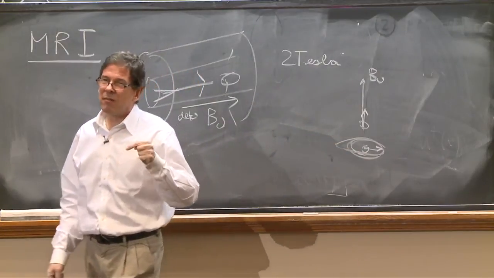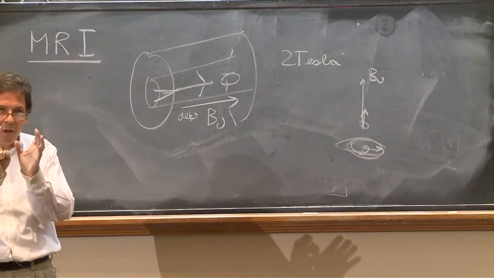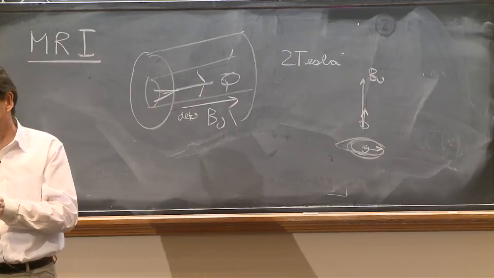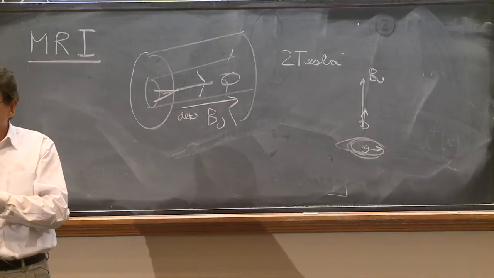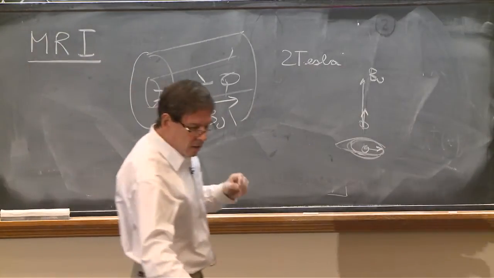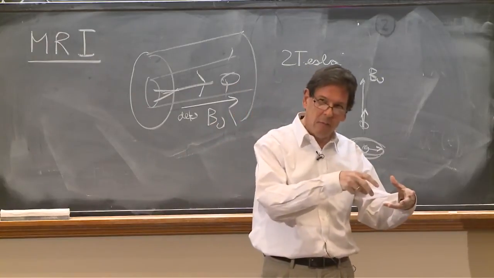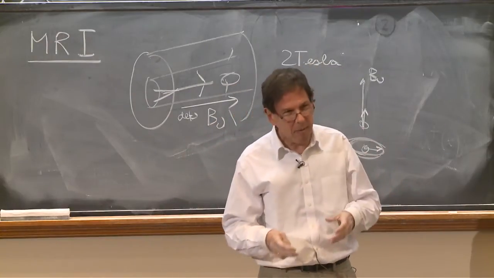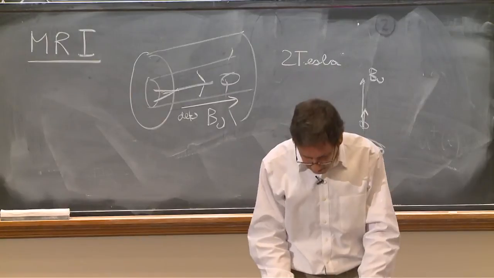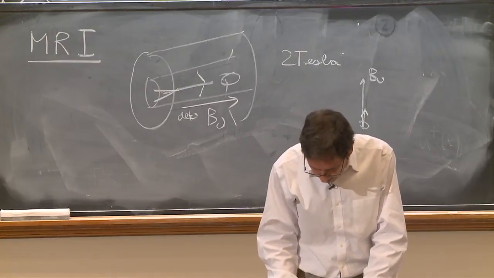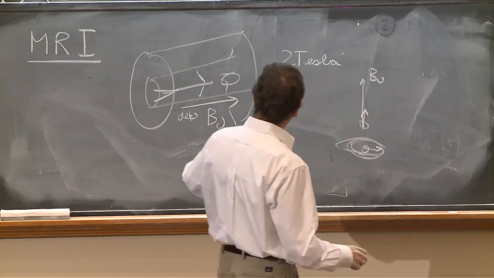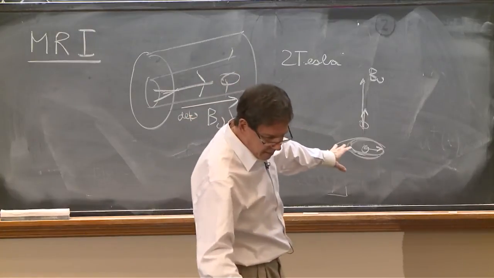The strength of that signal is proportional to the concentration of water. So it gives you an idea, not to distinguish solid matter versus soft matter, but all kinds of liquids. So it's very, very useful.